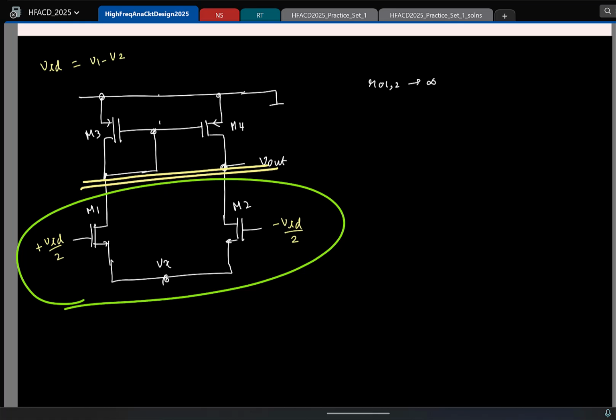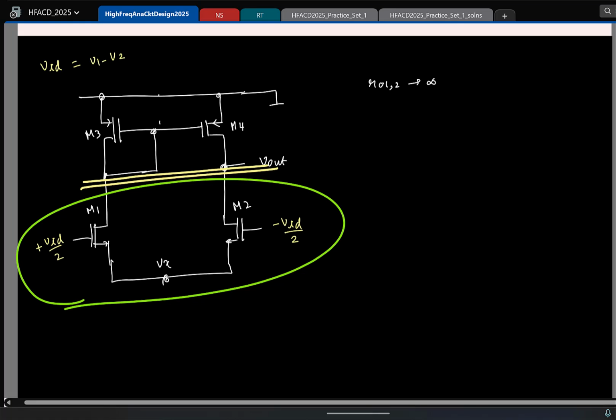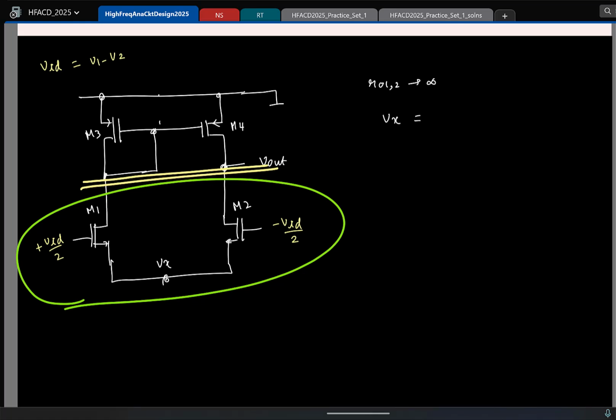If I ignore R0 of the transistors, then what can you say about Vx? Is the argument clear? You can work it out using KCL. You just have two currents. If you want, we can do that, but you take it as an exercise. This will be 0.